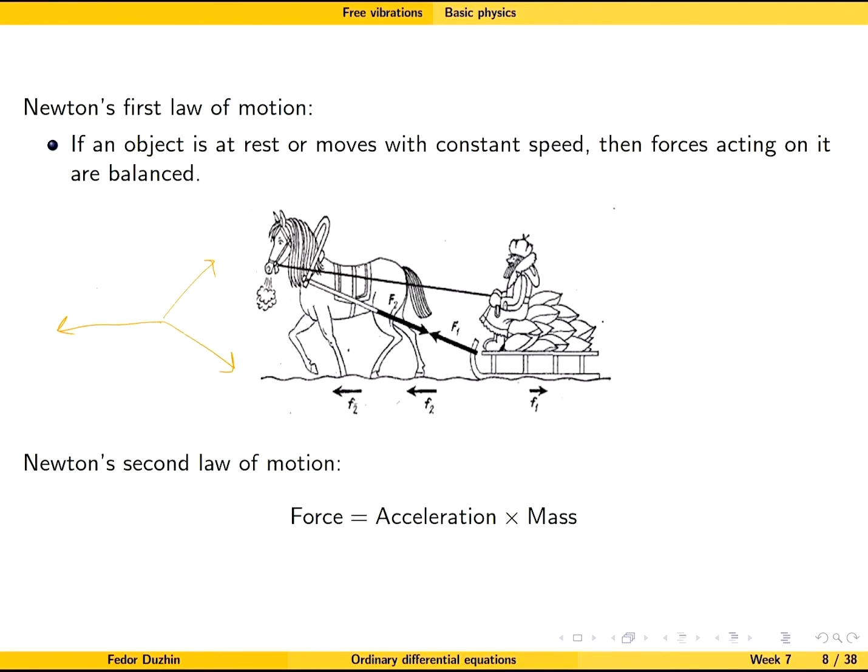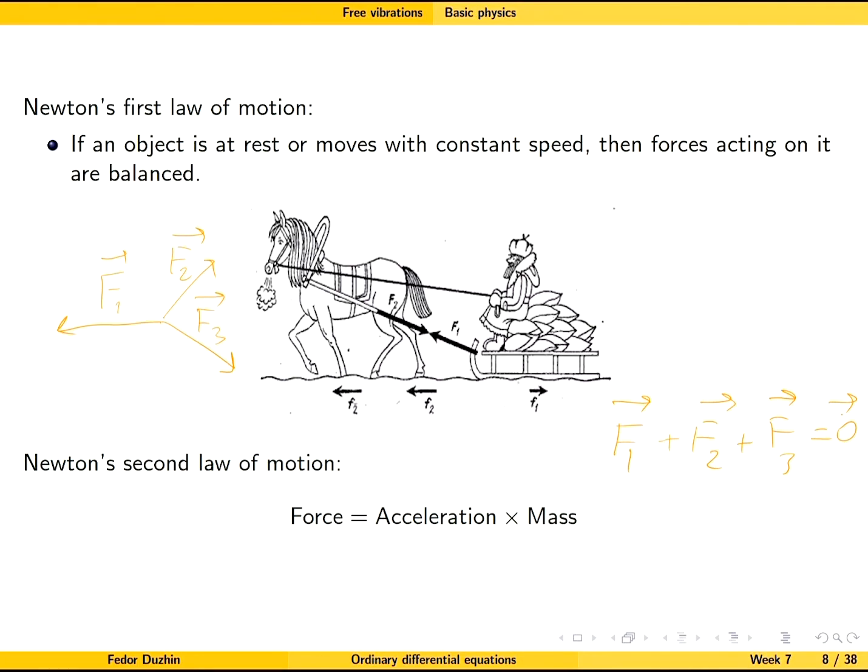The sum of all the forces, as vectors, acting on an object is 0. So this is the first law of motion.